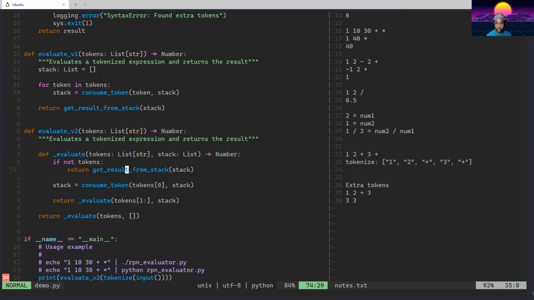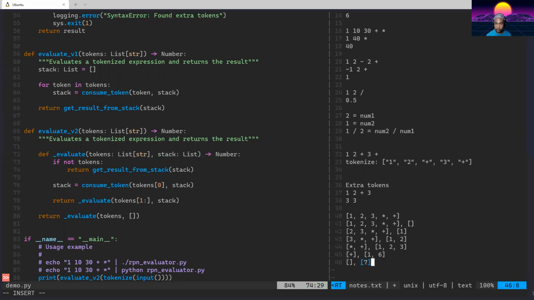I also just wanted to show just a little bit how the recursive function would evaluate things. And that's for this example where we're given 1, 2, 3, and I left off the quotes just for easy typing here. 1, 2, 3, multiply and plus, and it's just showing what the tokens are for each recursive call and what the stack is for each recursive call.